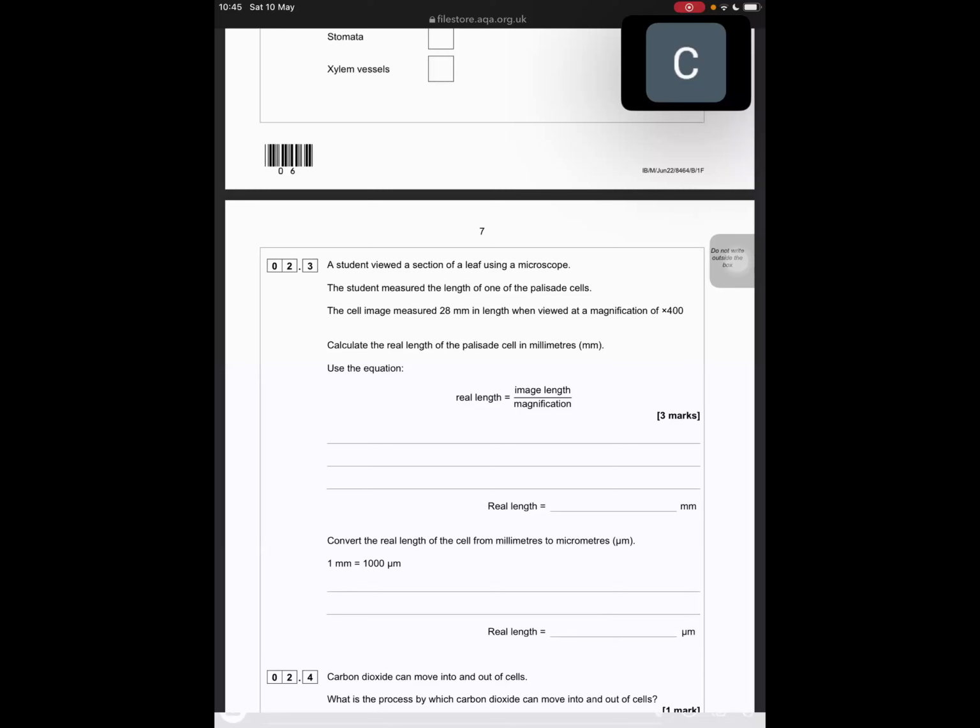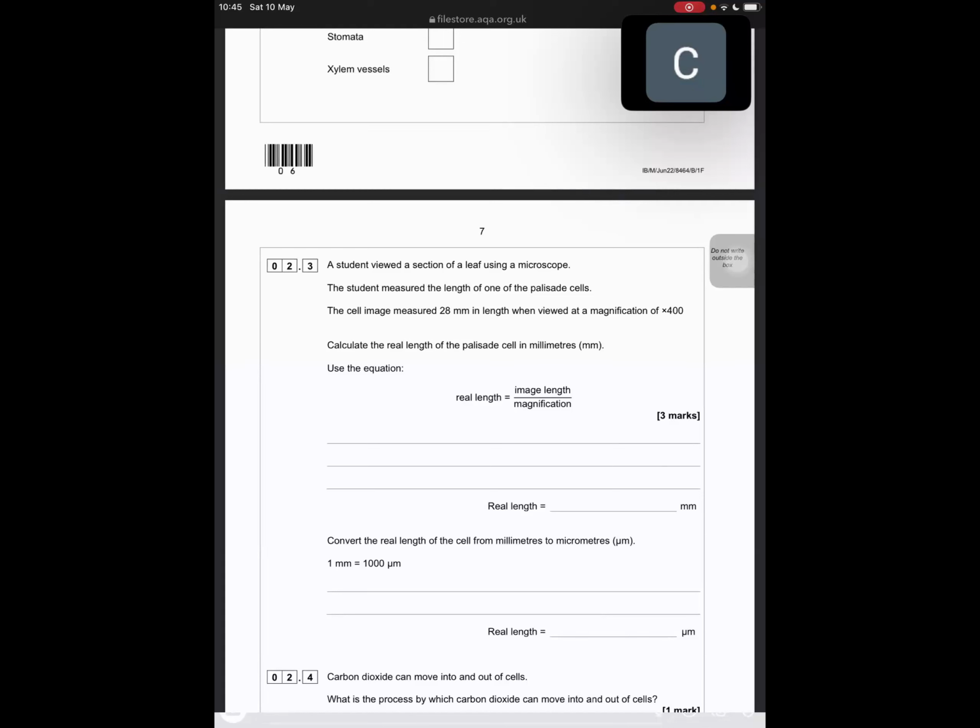It says convert the real length of the cell from millimeters to micrometers, and 1 millimeter is equal to 1,000 micrometers. Remember what we talked about yesterday?